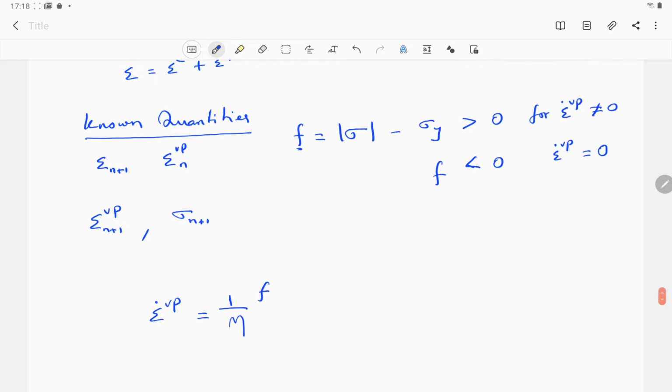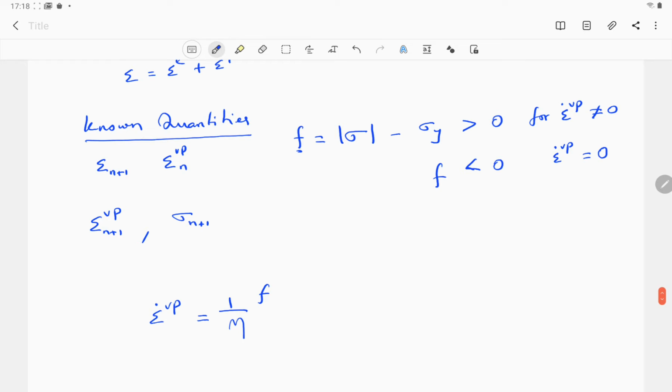Okay, but in order to satisfy these two conditions, what we do in general is we put Macaulay bracket. So this Macaulay bracket means if F is positive, then the Macaulay bracket will give F itself, and if F is negative, then the Macaulay bracket will give 0.